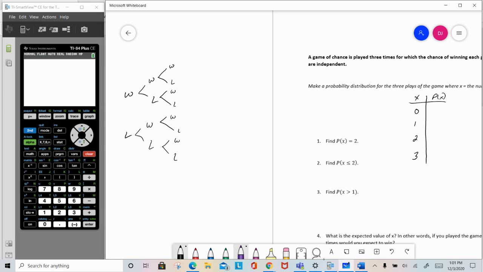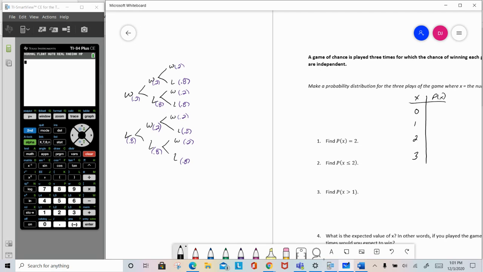But the probability of winning is 0.2 each time, because each play is independent. The probability of winning doesn't change. It's always 0.2, and the probability of losing, therefore, will always be 0.8. So when I go to make the table, what's the probability if I win 0 times?